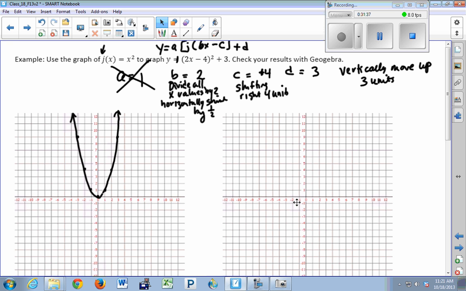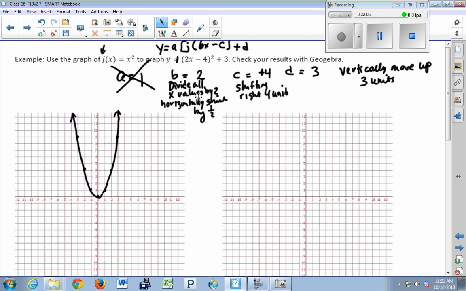Now, on your parent function, identify some key points. Now, what are key points? You can pick any key points you want. As I look through here, I can see that I'm going to have to take my x values and divide them all by 2. So I'm going to pick some original points where my x values are even, so I can do that easily.